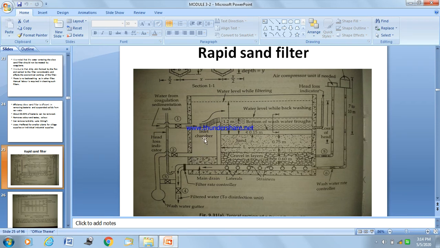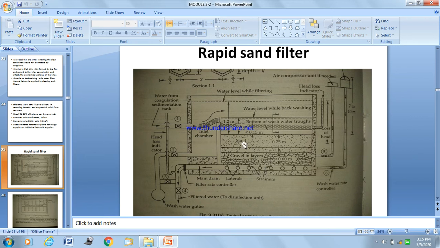Next we will move to the rapid sand filter. This is a rapid sand filter. Here you can find an inlet chamber. The sand and gravel layers are placed the same way. Below the gravel layer there will be lateral drains connected to the central drain.